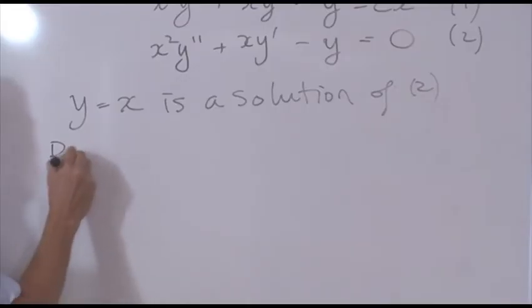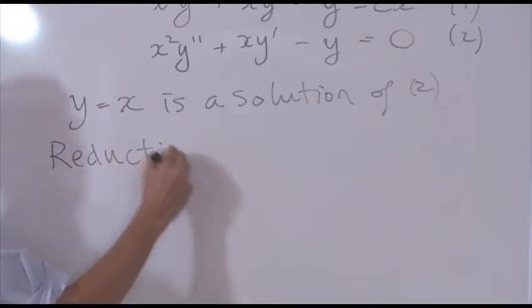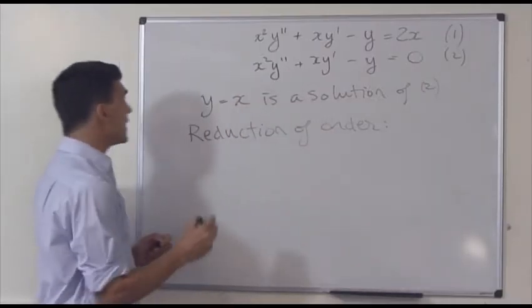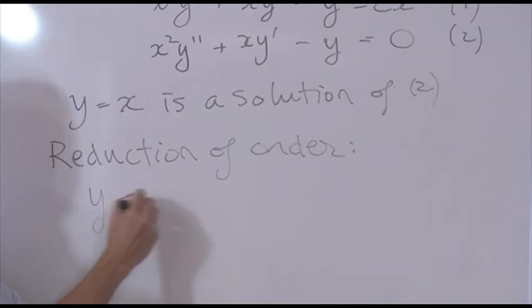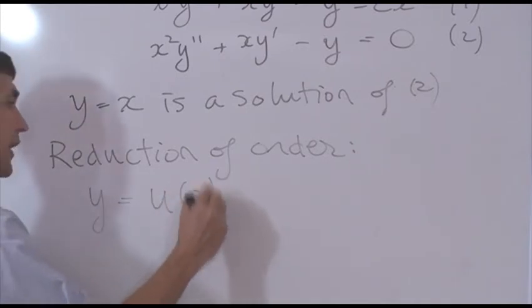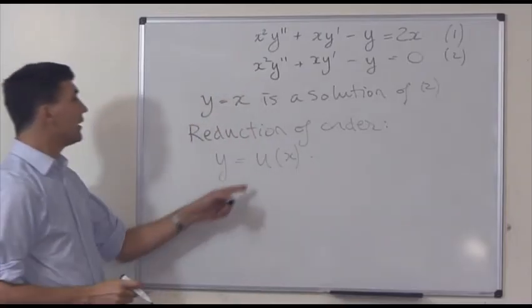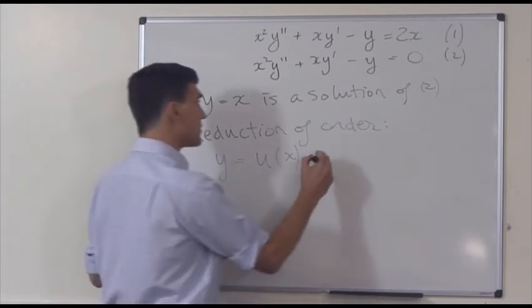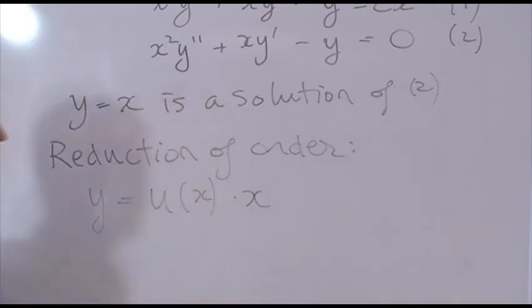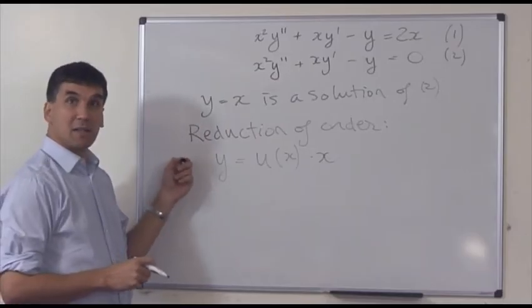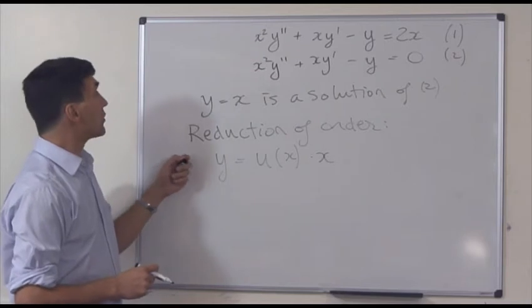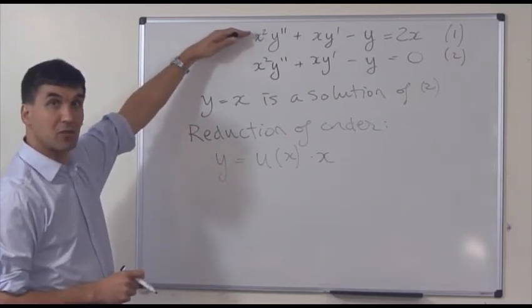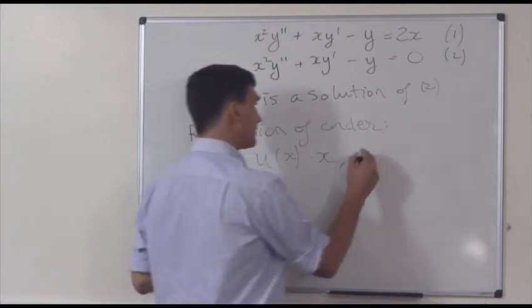So for reduction of order, what we're going to do is guess y is going to be some unknown function u of x times the solution that we were told. So it's going to be u times x in this case. And having made this guess for y, we will substitute that into the problem we're trying to solve. So we're going to substitute it into equation 1.